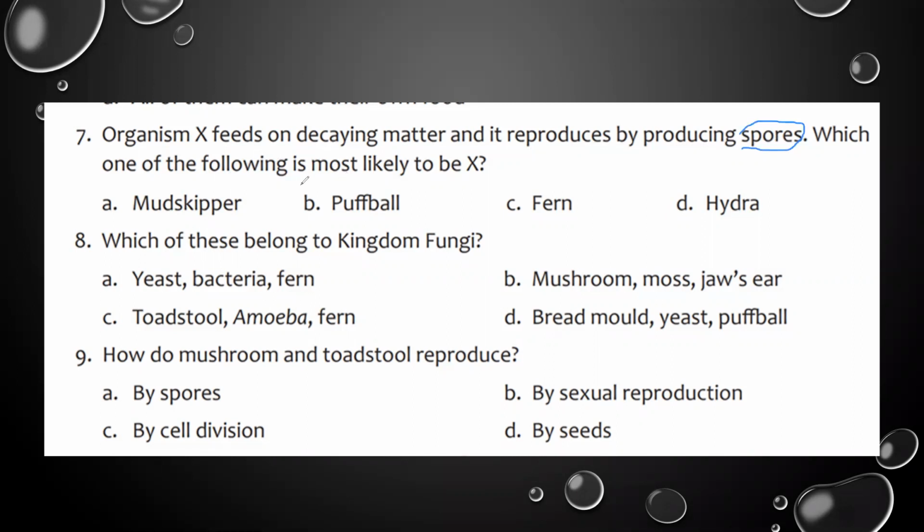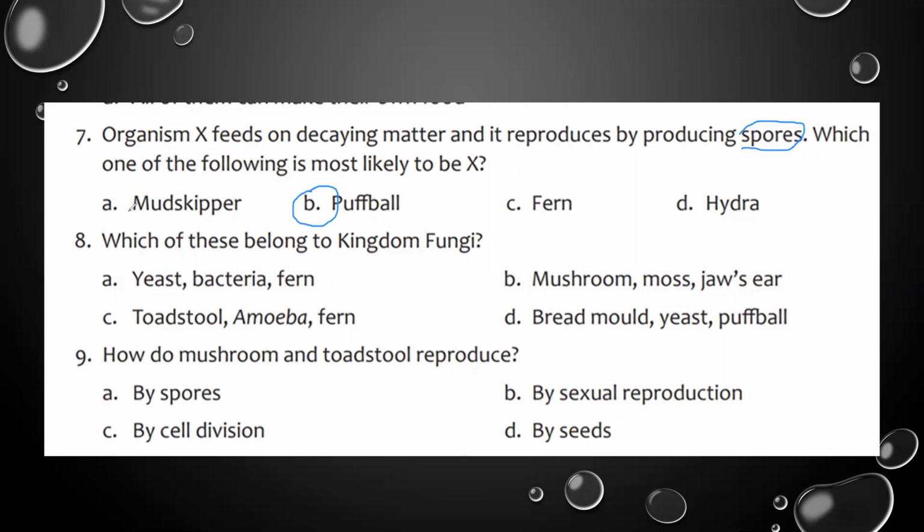So which one of the following is most likely to be X? A, mud skipper. B, puffball. C, fern. D, hydra. What is your answer? The answer is puffball. So I will help you answering number 1 to number 10.